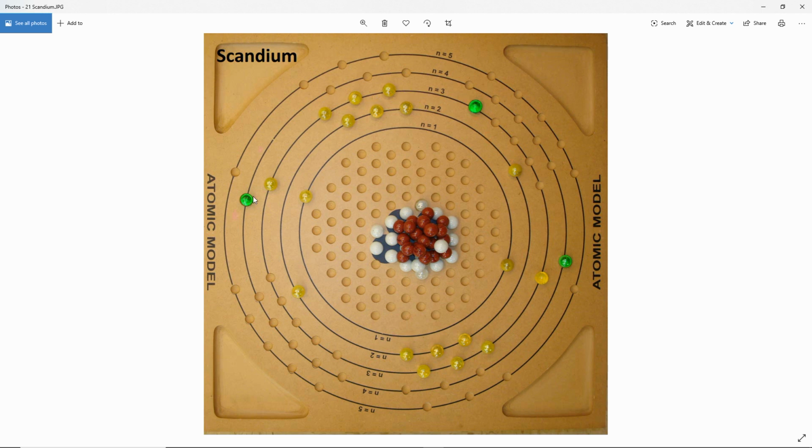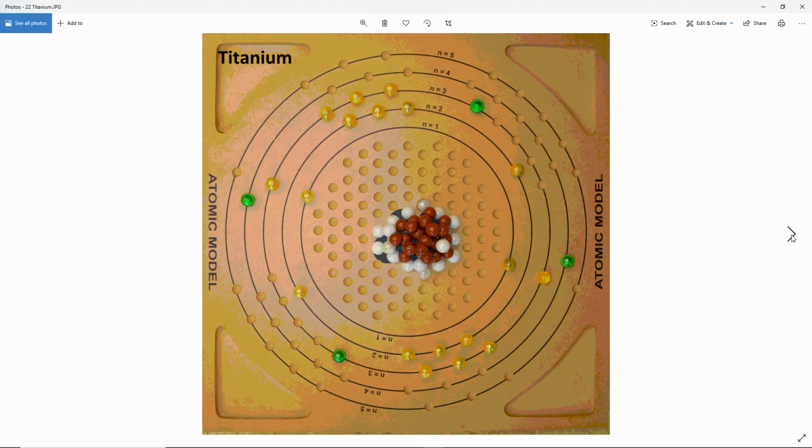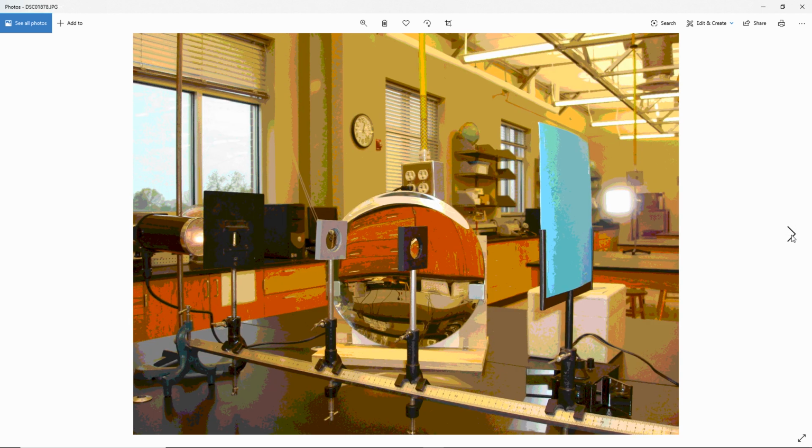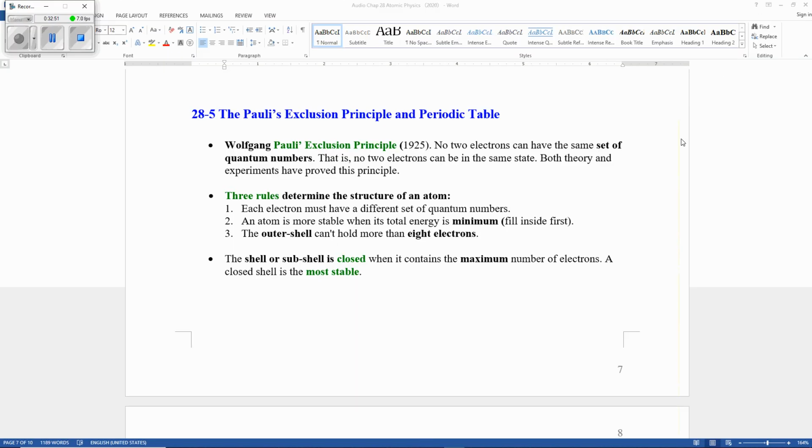So after you have 2 electrons in shell number 4, the next one comes back to number 3. That makes things more complicated. We call these transition elements in the periodic table. Okay, this is something else, so let's close this one and come back to our lecture.